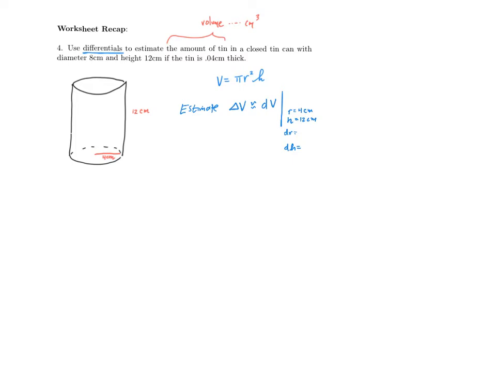And note the small change in the radius and height is specifically due to the thickness of the can. And if you have not done so already, please pause the video at this point and indicate what is this small change in the radius and height due to the thickness.